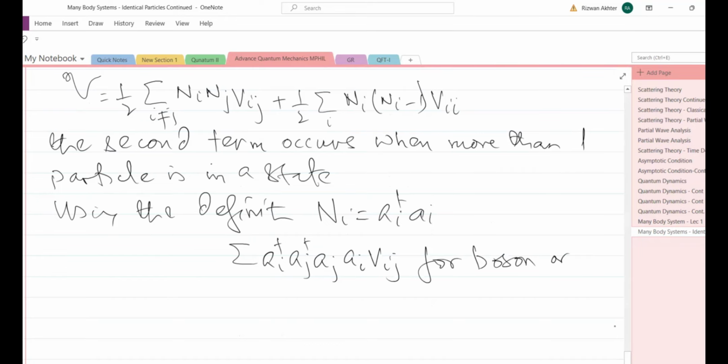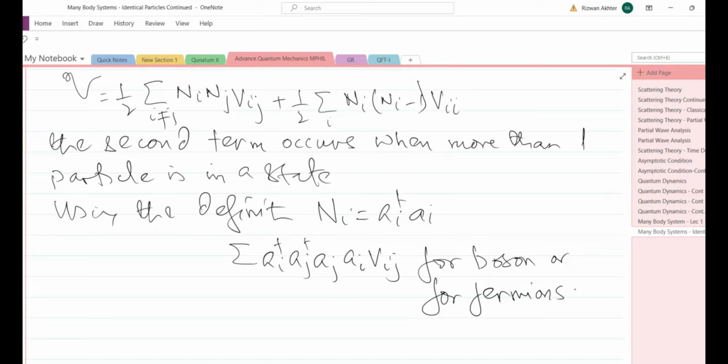That is, even if we do not talk about the second term, this first term is valid for both bosons and fermions. The first term is always true. The second term is there whenever we talk about bosons, but in case of fermions, the second term is not true.